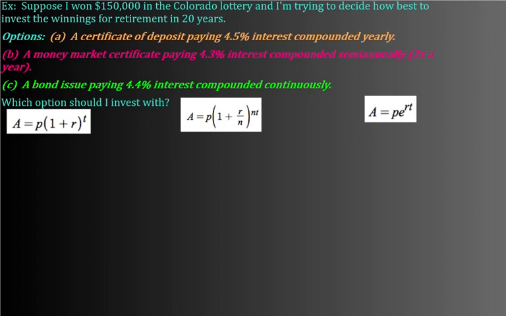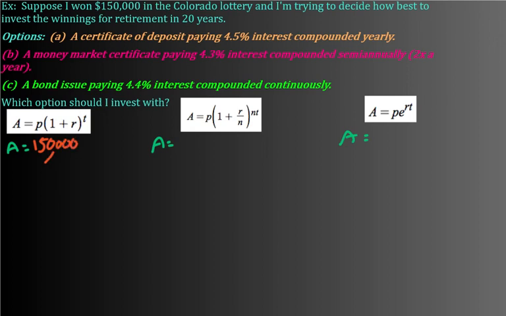If you plug into the three formulas we just saw, you can solve and see which one gives you the most money. For all of them, I'm solving for A. In this first one, the initial amount is always the same too.